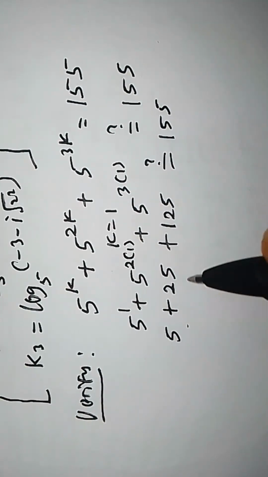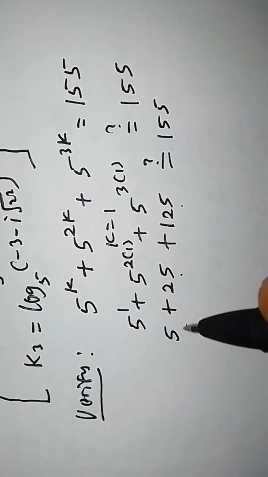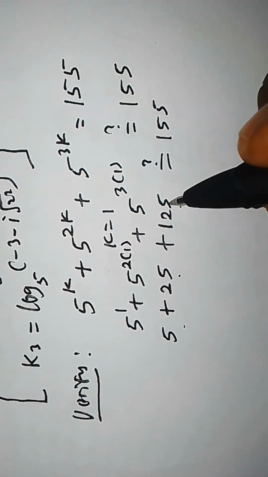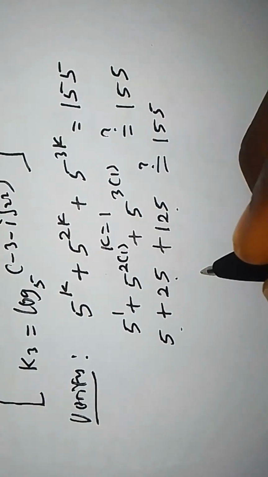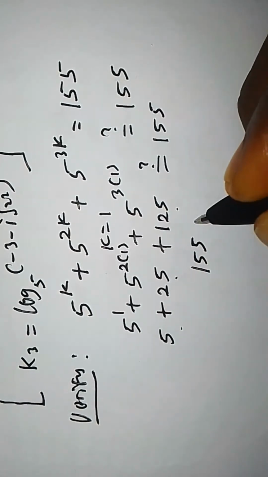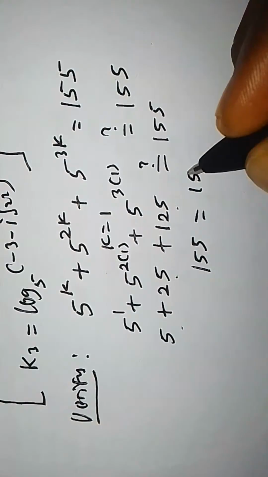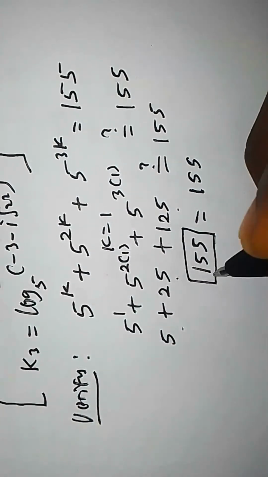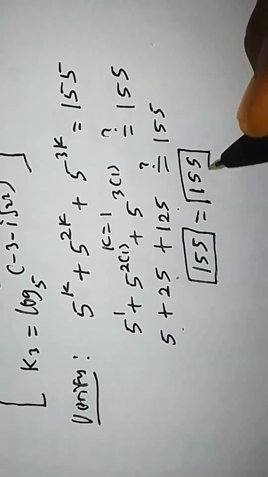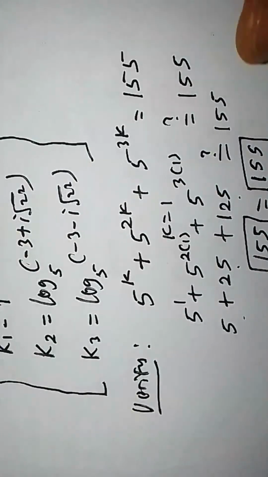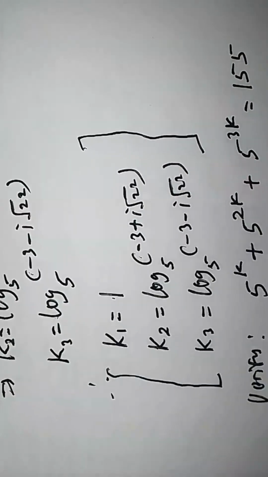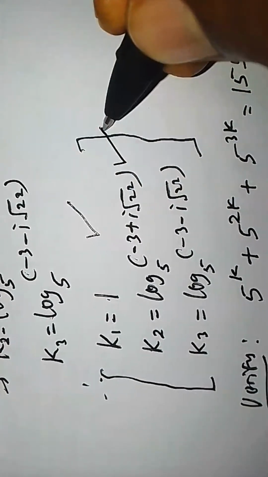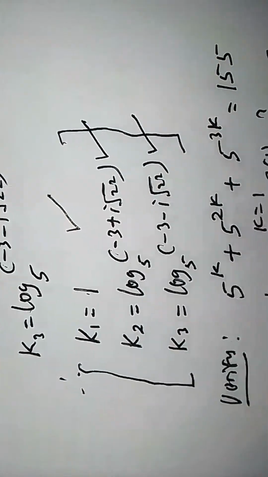Let us add the left hand side together. 5 plus 25, 30. 30 plus 125, that is 155. 155 equals 155. You will see that the left hand side is the same as the right hand side. That means the first solution is correct. The second solution also is indeed correct, and the third solution.